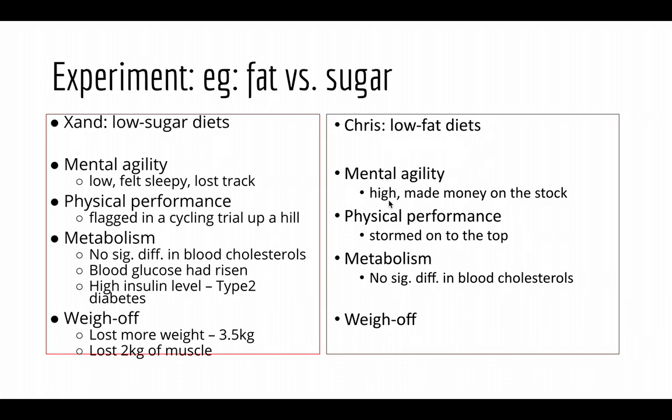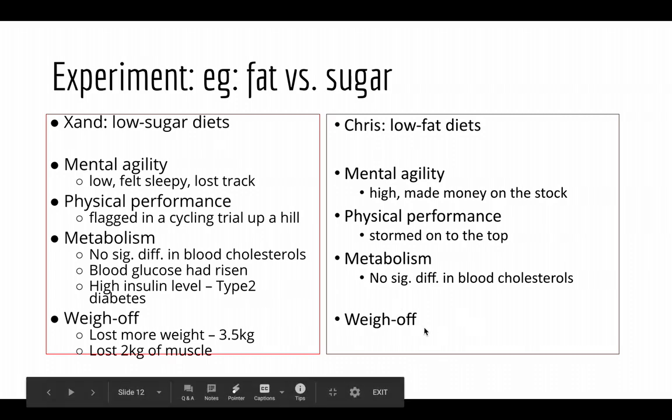So mental agility, high, made money on the stock market, all right? And the physical performance, strong, and metabolism, so this is not significant. But remember this, if you rely on a low sugar, low carb diet, you're probably going to have type 2 diabetes. Weight loss, of course, Xand lost more and Chris lost less.